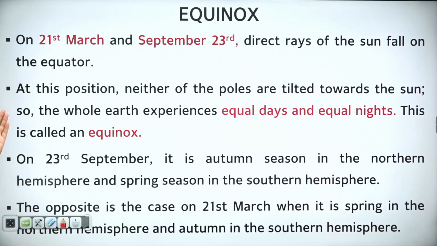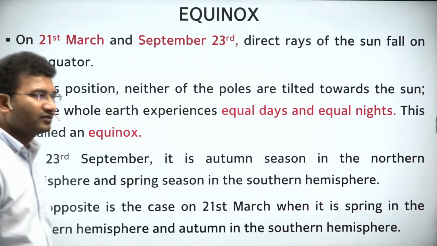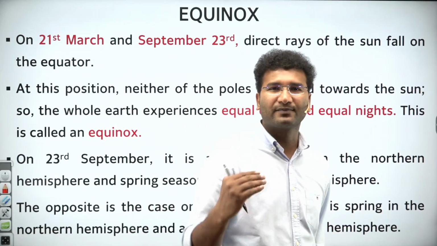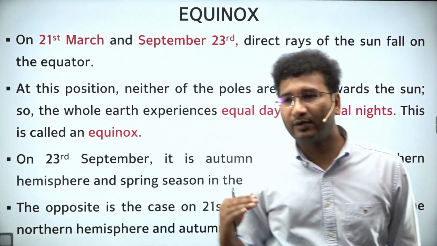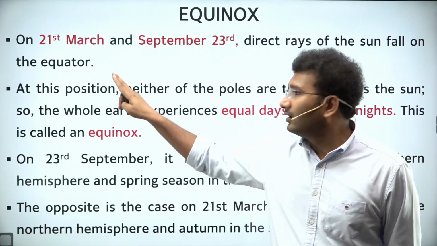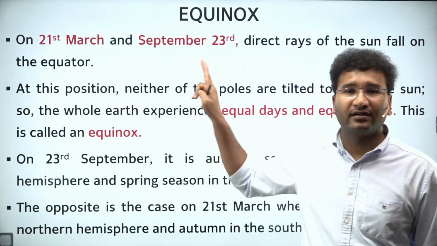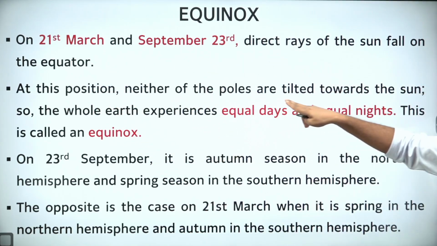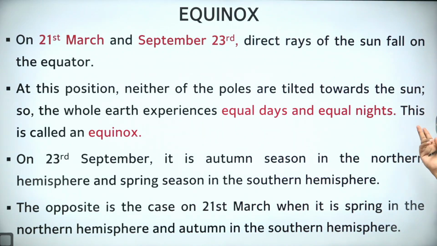Now equinox, let me quickly read out the definition of the equinox. On 21st of March and 23rd of September, direct rays of the sun fall on the equator. So that's why it is called an equinox: equal length of day and equal length of night. As in this position, neither of the poles is tilted towards the sun. Therefore, the whole earth experiences equal day and equal night.